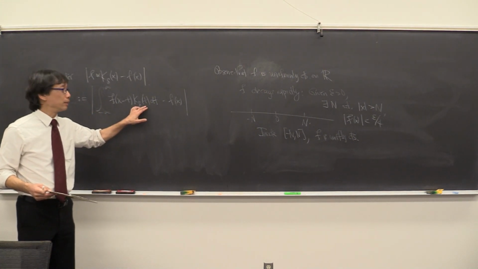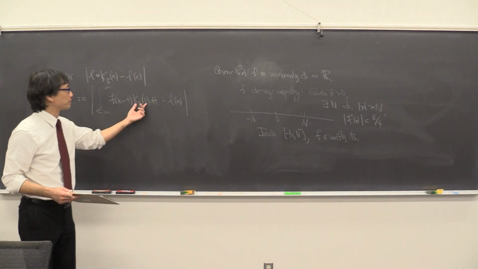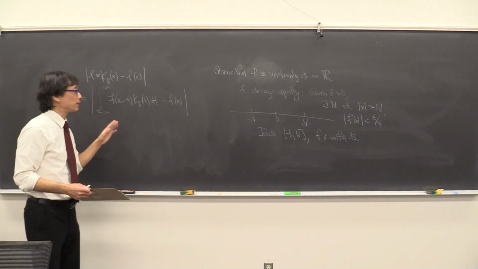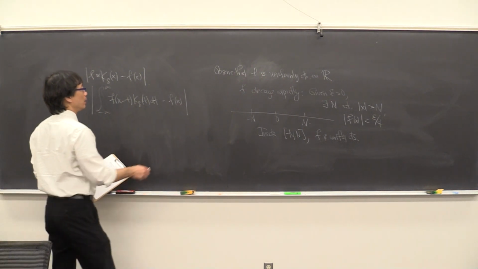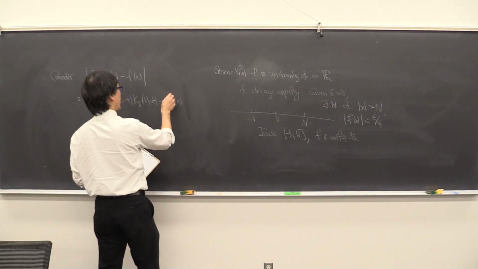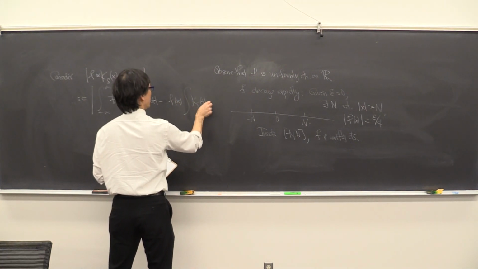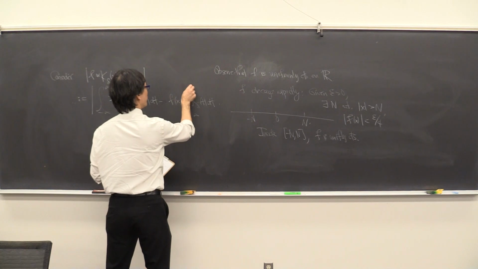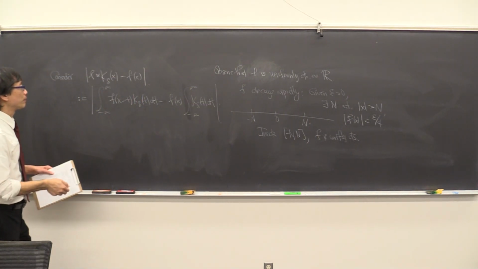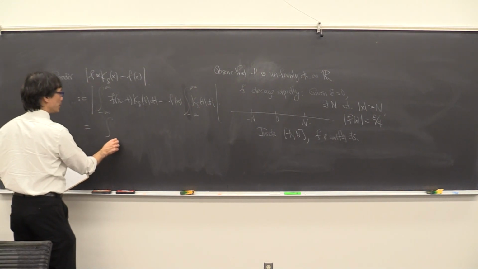Since k is a good kernel, we know that the integral of this is 1, and so we can play the same sliding in the constant trick, right? We can rewrite this f of x as this times the integral of k sub delta, because that's 1, and that allows us to combine the two terms together.